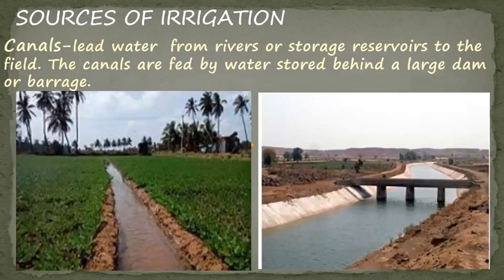Canals lead water from rivers or storage reservoirs to the field. The canals are fed by water stored behind a large dam or barrage. Modern multi-purpose river valley projects with built-up dams not only provide water for irrigation but also help to control floods and generate hydroelectric power.